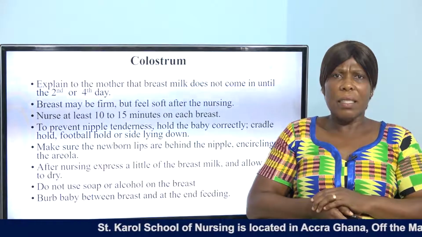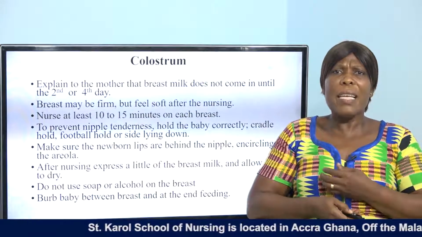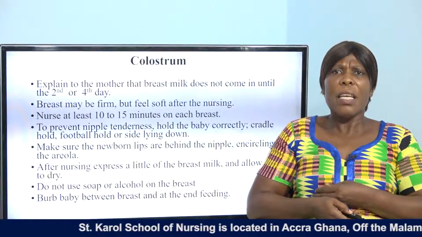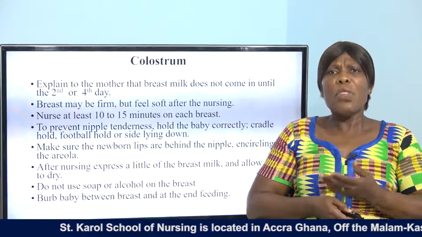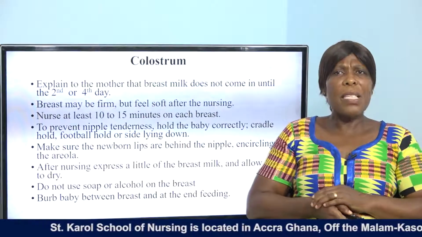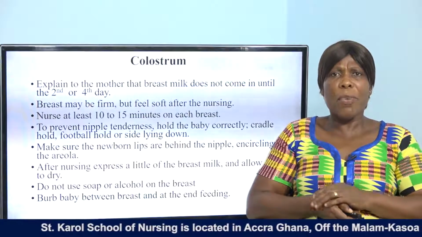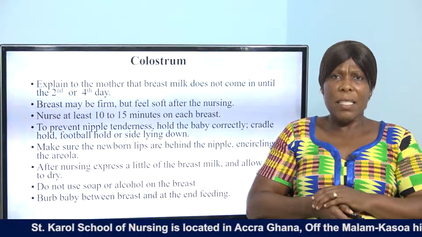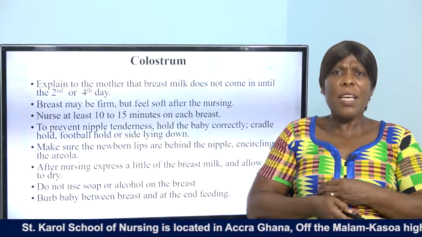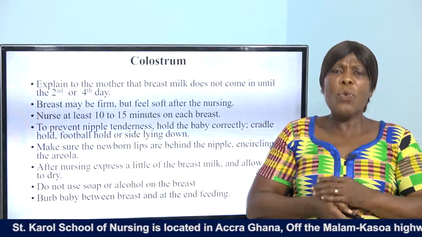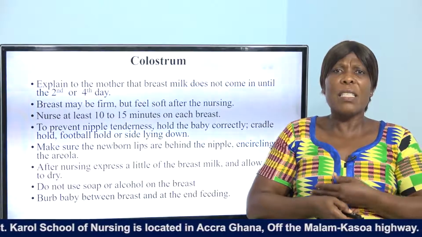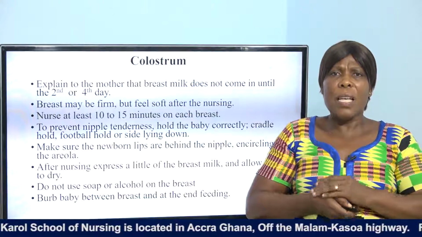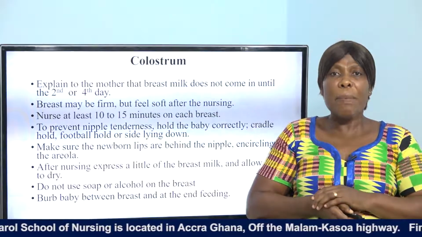After nursing, we need to express a little of the breast milk, and then we allow it to dry. Most of the time, the babies are not able to suck the breast because they lack energy, so they don't get satisfied after breastfeeding. So we need to express the breast milk, and then we feed the baby with the expressed breast milk using a cup and spoon.